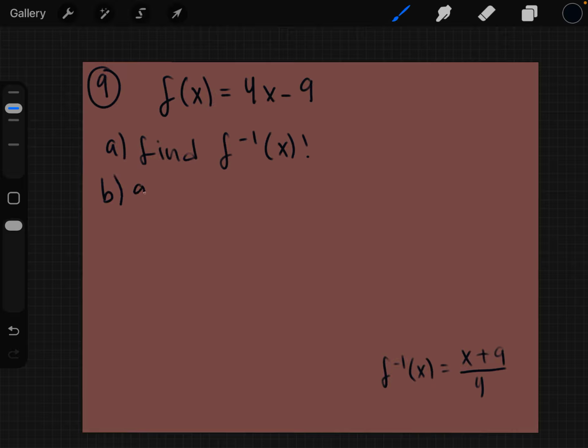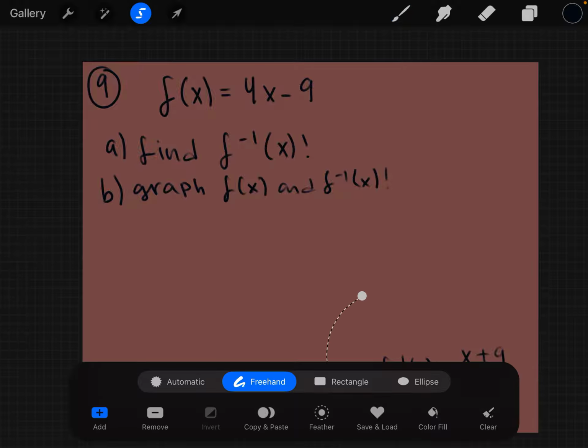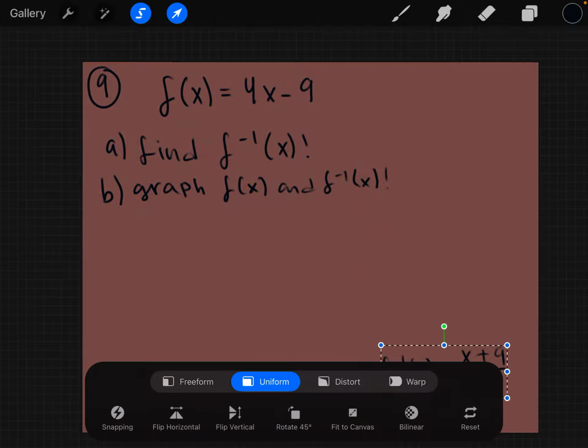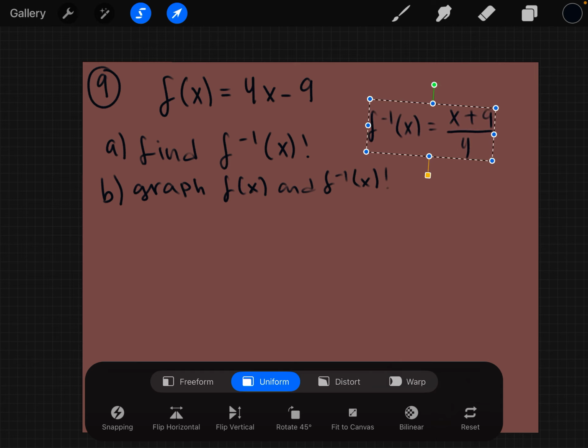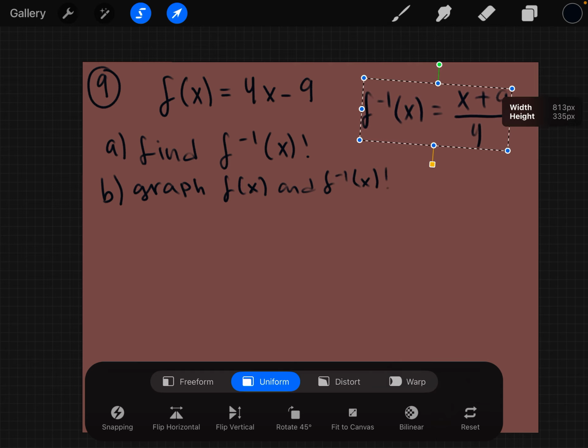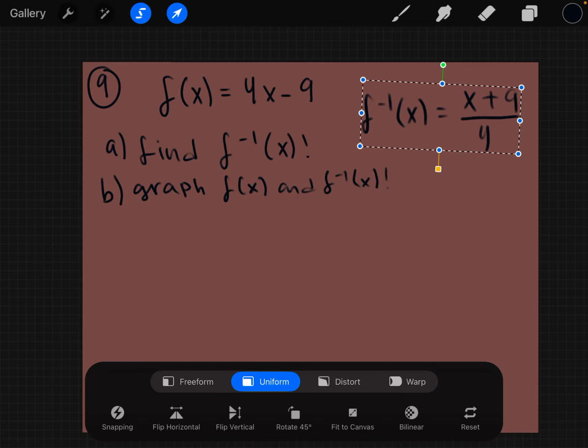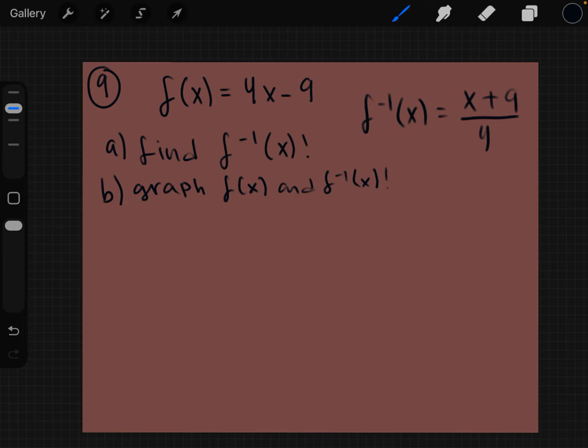B, graph f of x and f inverse of x. Okay, so the graph.